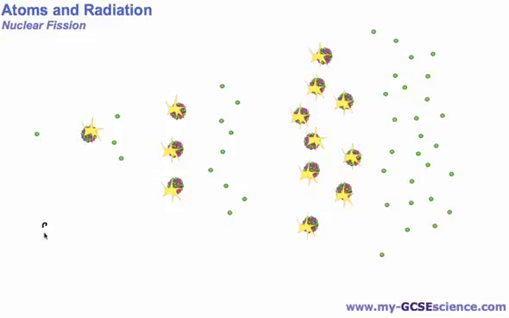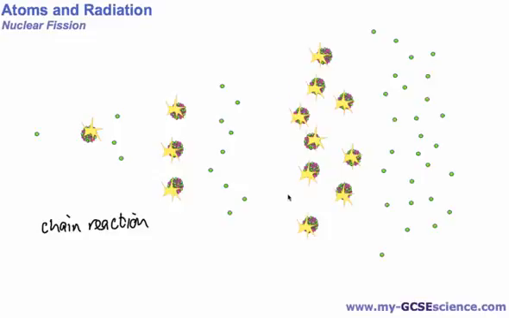This is actually called a chain reaction, because we start off with one nucleus being broken down into 2 smaller nuclei, and then it proceeds in the way that we've just described. This is a reaction that can release huge amounts of energy, and it's done by splitting nuclei of uranium 235 or plutonium 239 in order to release all that energy.